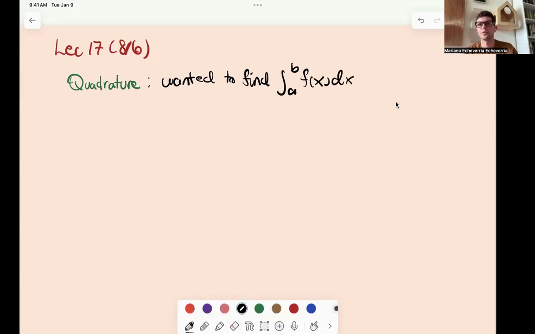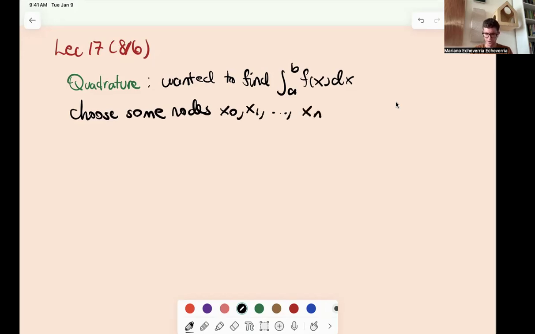And in order to approximate the value for this integral, what you can do is choose some nodes, x0, x1, up to xn, right?